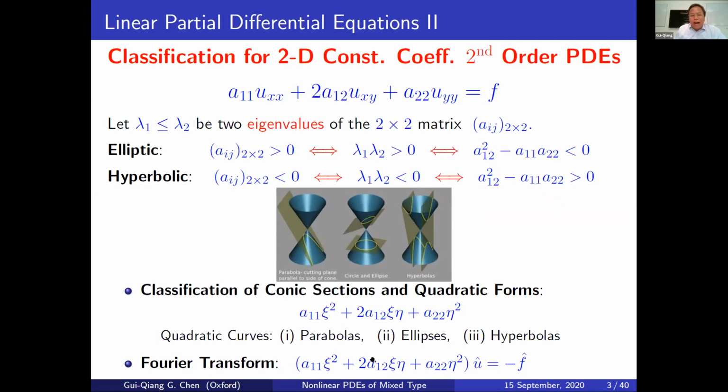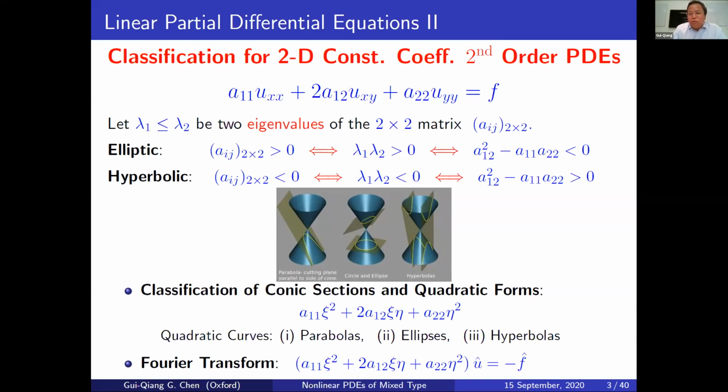If you divide this quadratic part to the right hand side, in the elliptic case you purely gain two orders of decay for the high frequency Fourier modes, so you get two orders of regularity. For hyperbolic, of course, you cannot get a full two orders. This is for the constant coefficient case.